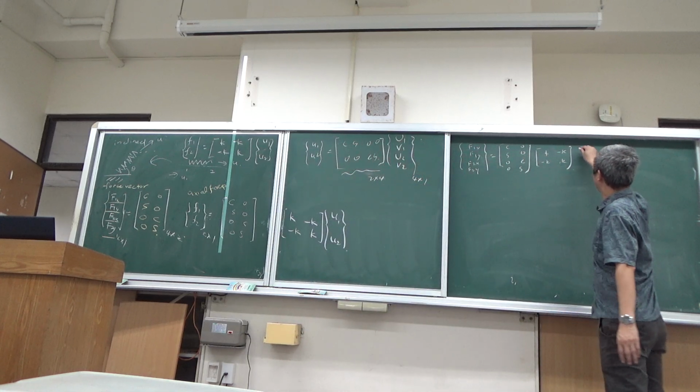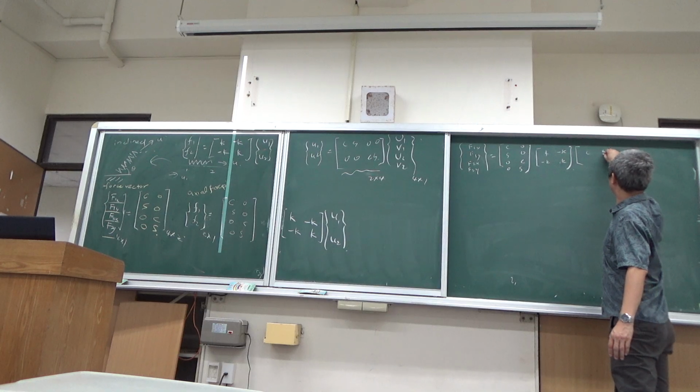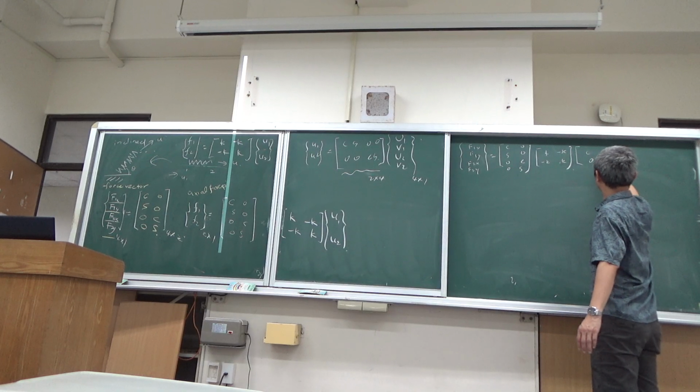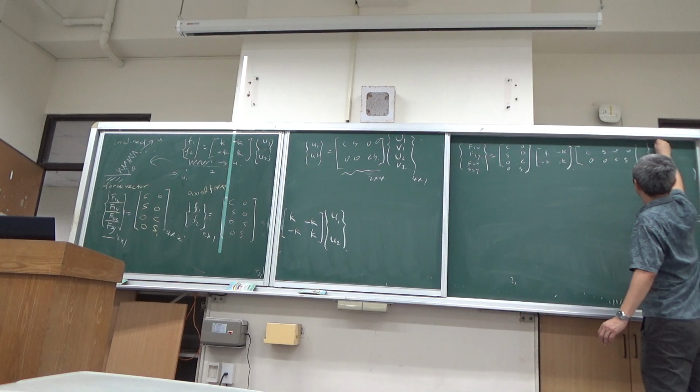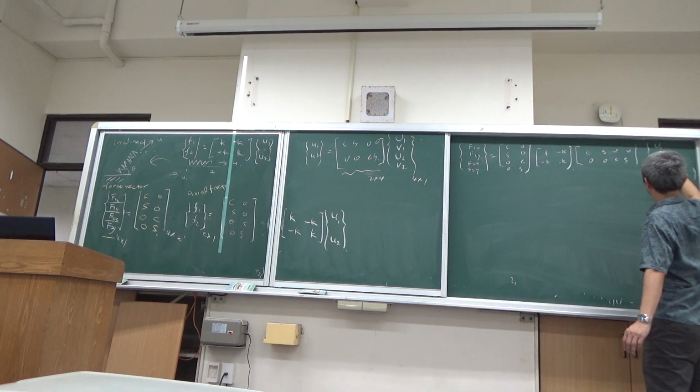So this can be written as C, S, 0, 0, 0, 0, C, S, and this can be written as U1, V1, U2, V2.